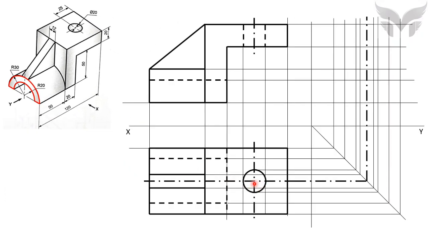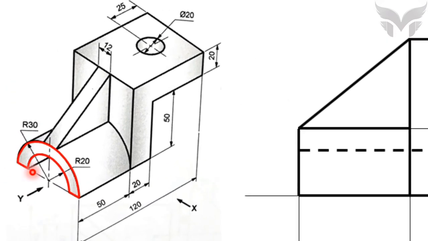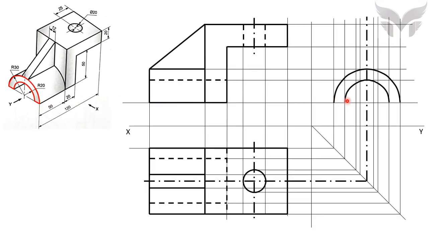So we have the projector of a center line in center line pattern. So on this center line, we have a center here at the bottom. With this center and radius of 20 mm, draw inner semicircle. Then with the same center, draw another semicircle of radius 30 mm. After this, you can see these two short bottom edges. Let's show them too.